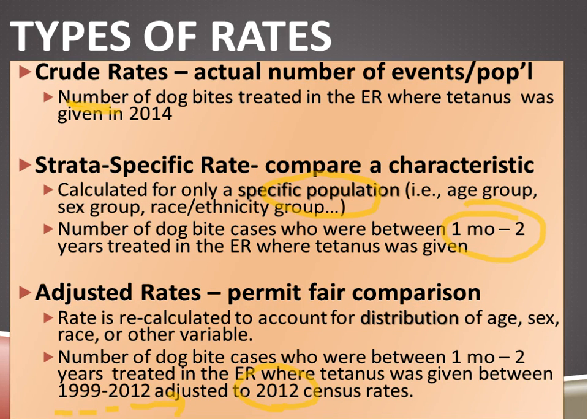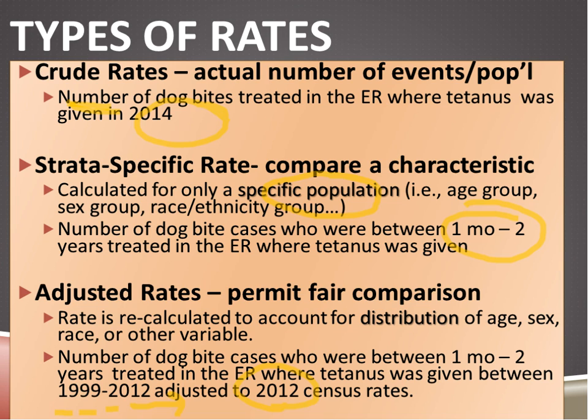We adjust that denominator so that we're able to compare did we actually see an increase in our rate of dog bite cases, or a decrease, let's hope, from 1991 to 2012? If we just take our crude rate, we're not quite sure if we're seeing an increase or not, because our denominator, our population, would change over time.